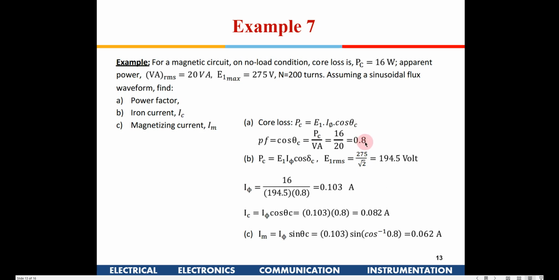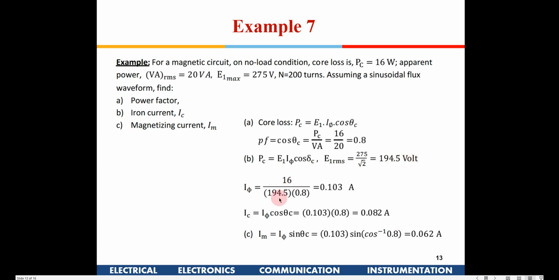Now we can compute the V RMS. The V max, that is the peak value, is given as 275. To find the RMS, we divide it by root 2. So I get the V RMS as 195.4.